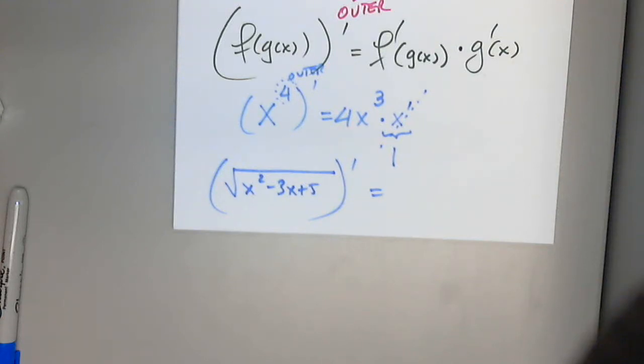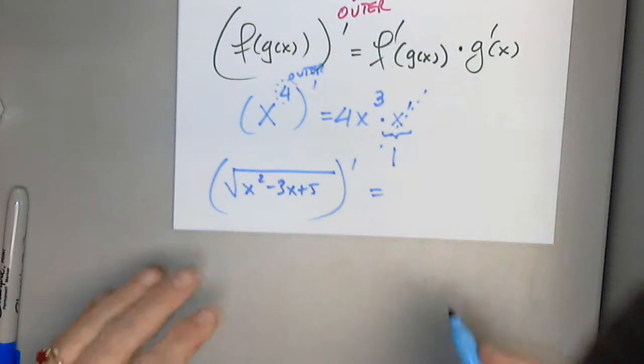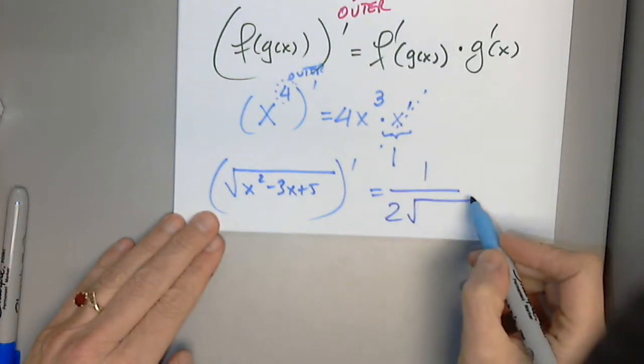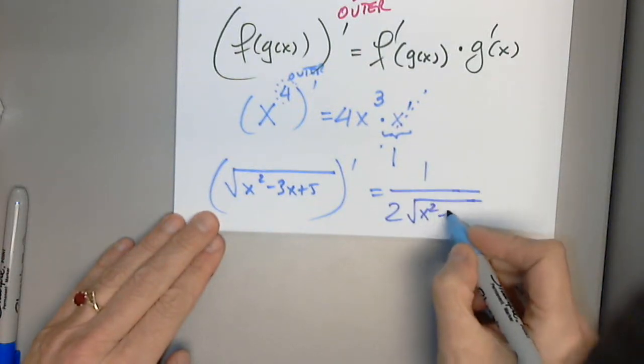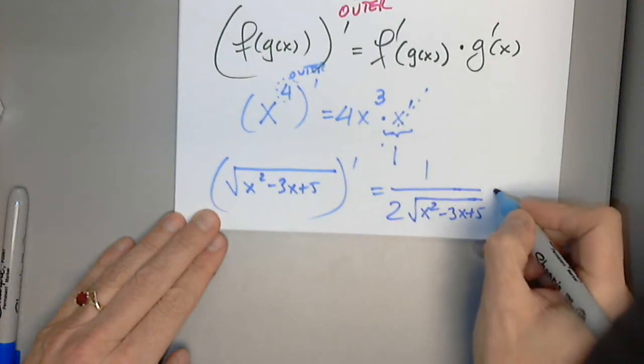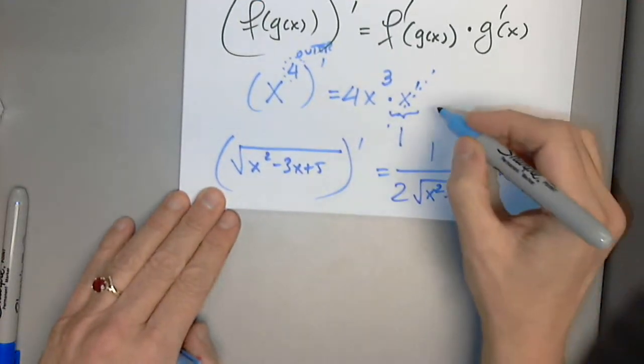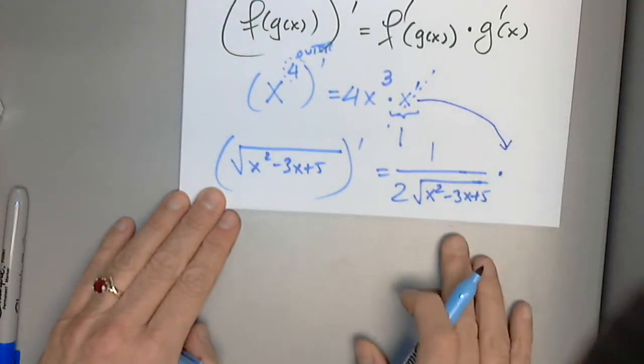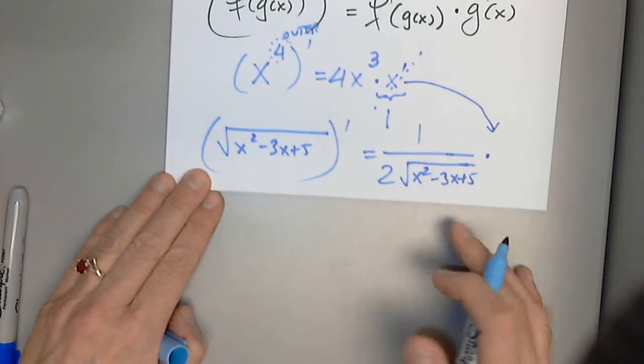We know that by heart by now. 1 over 2 the square root of x. But now I have to put all this instead of x. So this is 1 over 2 the square root of x squared minus 3x plus 5 times what I had here, and I didn't write it, the inner function prime.